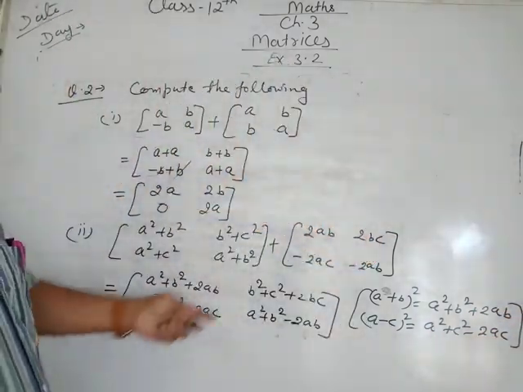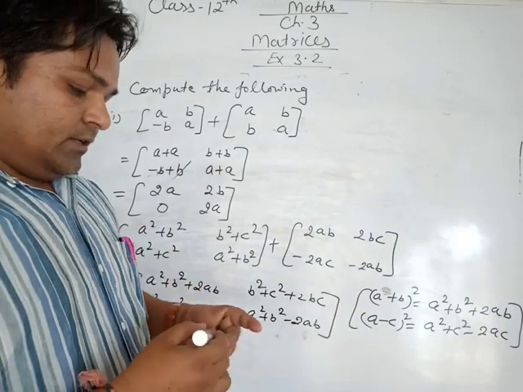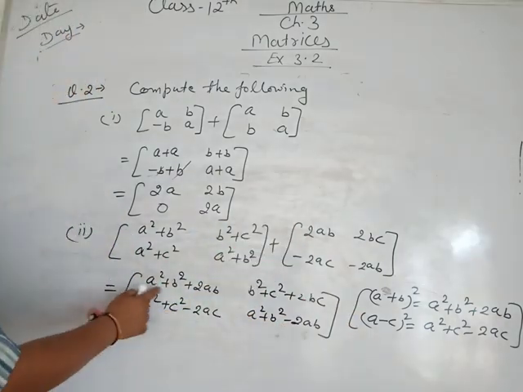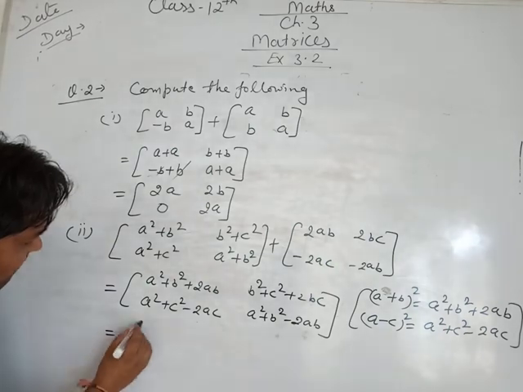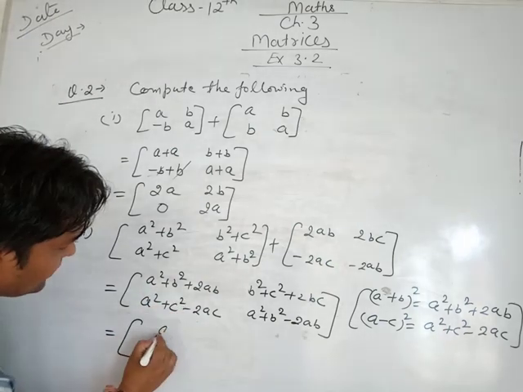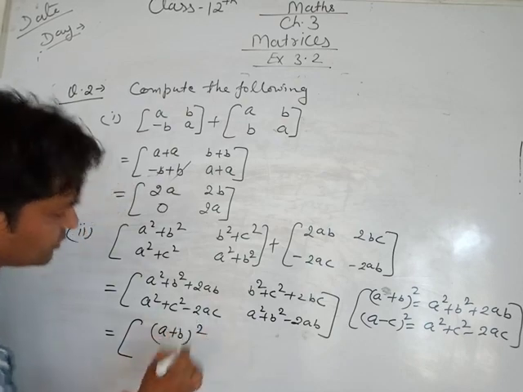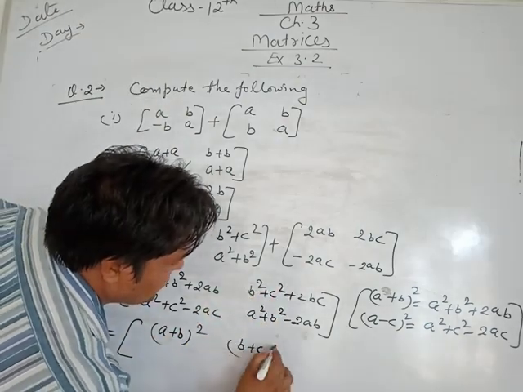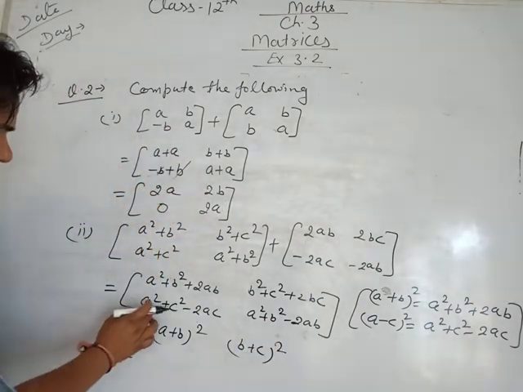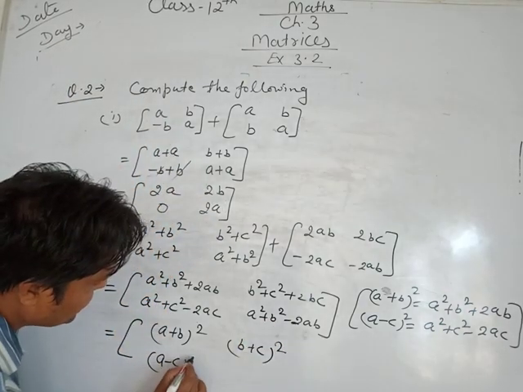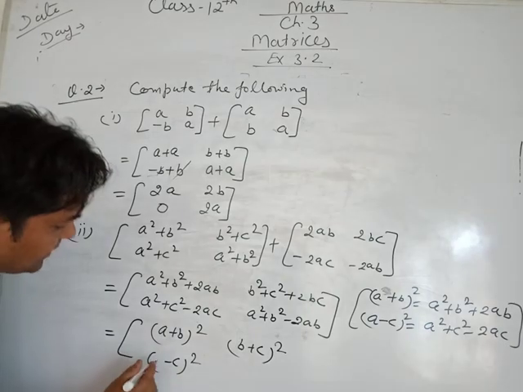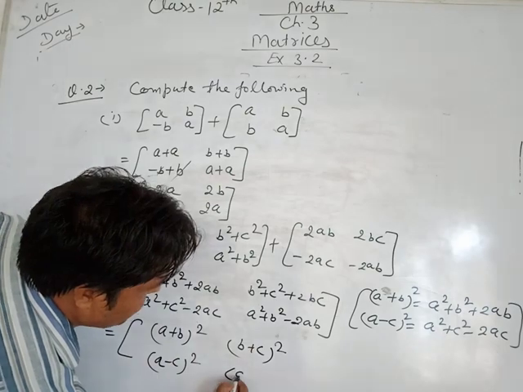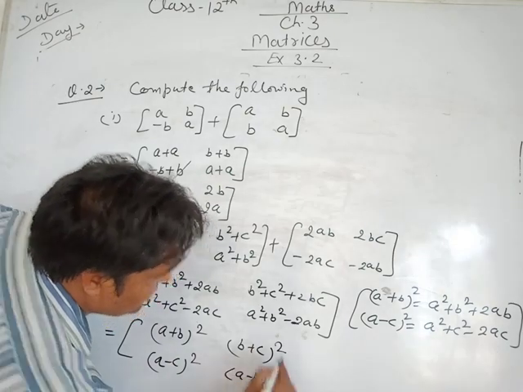In previous classes we have already understood this type of identities. So now we write here a plus b the whole square, second b plus c whole square, a minus c square, and here a minus b square.